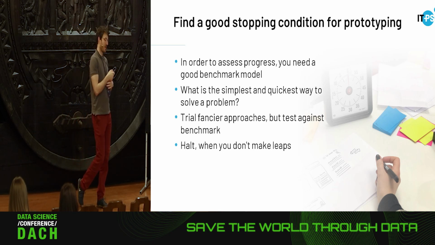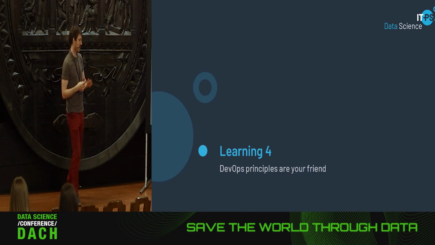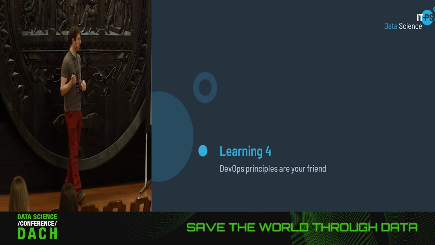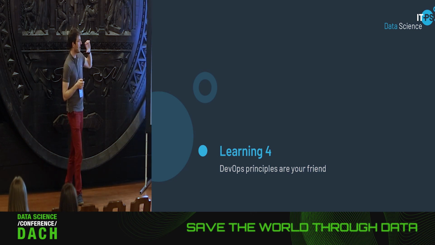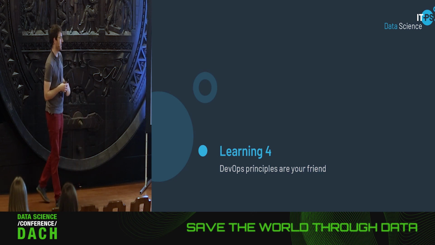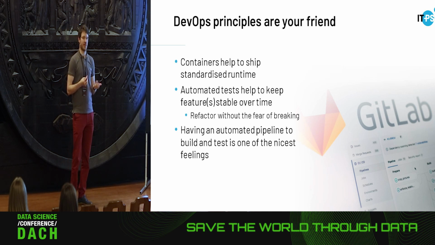The next one is something that I really learned in this project, that all these DevOps, I call them DevOps principles, you can call them whatever you want, are your friend. We have chosen to use containers to ship the smart alerts. I had no idea about containers when I started.